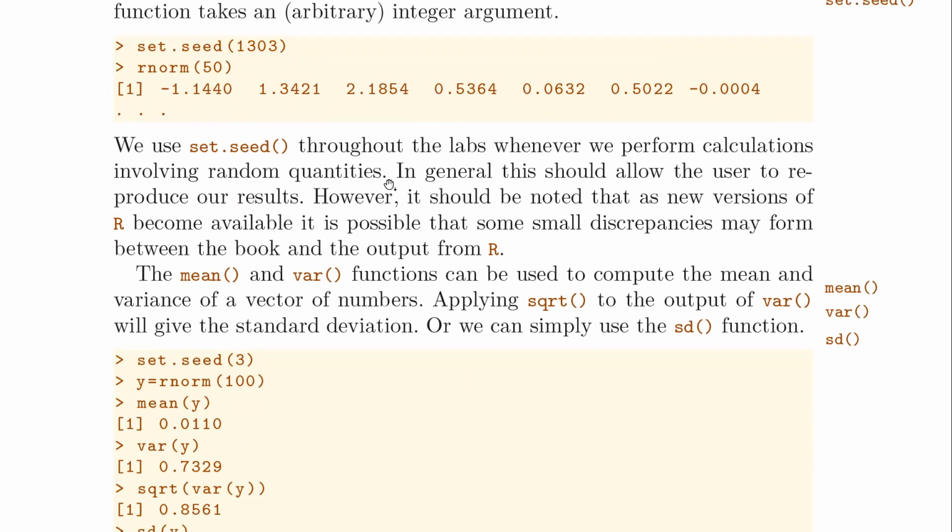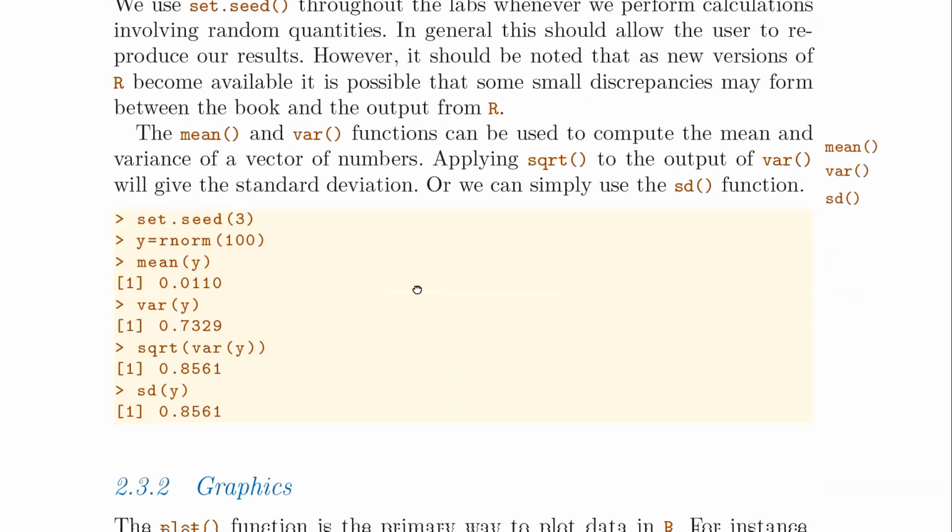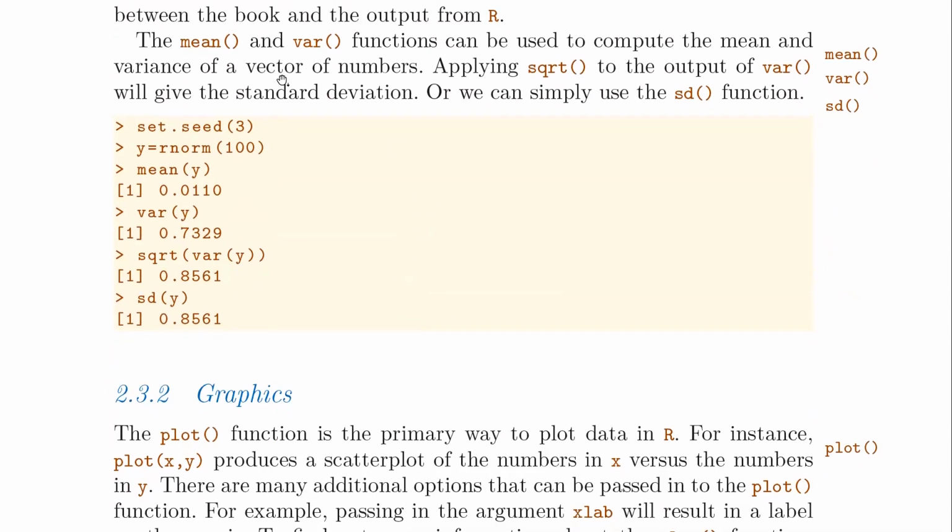It's a great way for us to check that we're getting the same values as the book. In general, this should allow the user to reproduce our results. However, it should be noted that as new versions of R become available, it is possible that some small discrepancies may form between the book and the output of R.